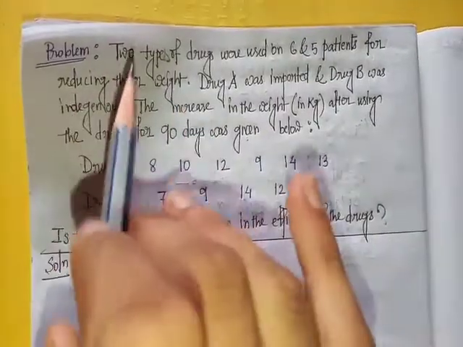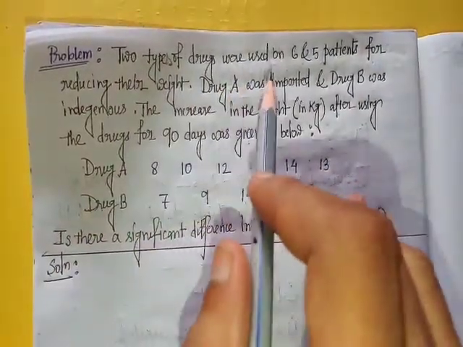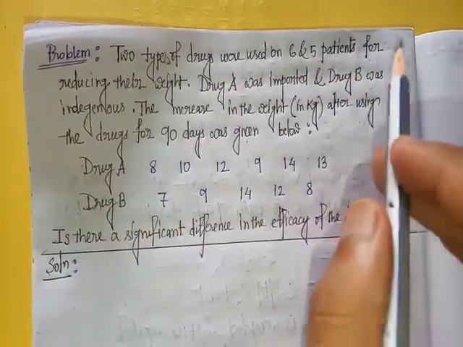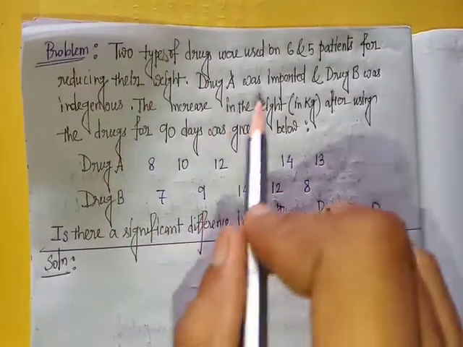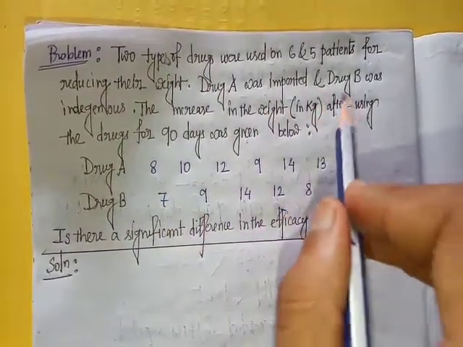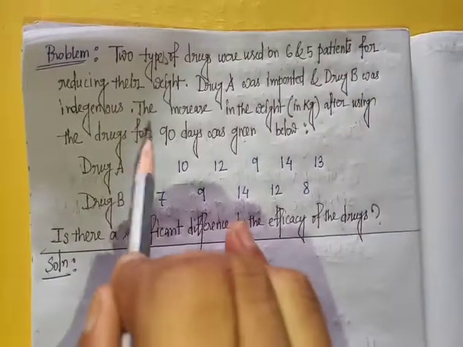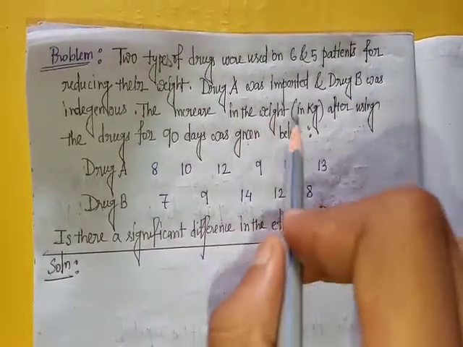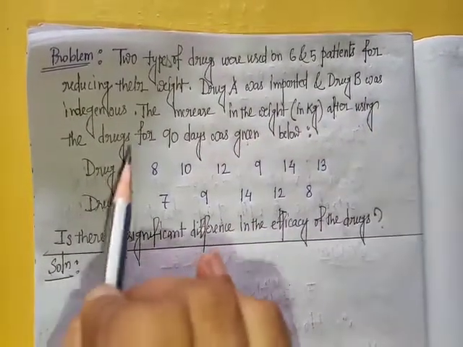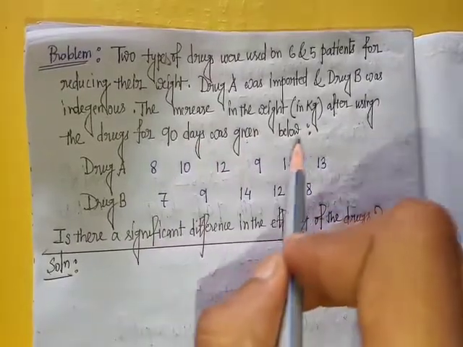Again, I repeat: two types of drugs were used on 6 and 5 patients for reducing their weight. Drug A was imported and drug B was indigenous. The increase in weight in kg after using the drugs for 90 days was given below.